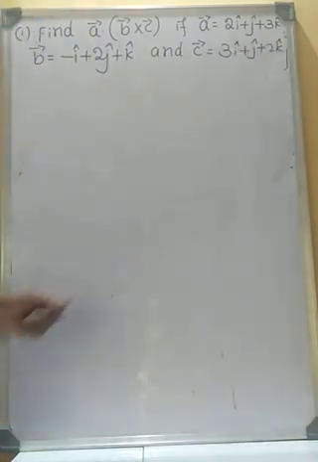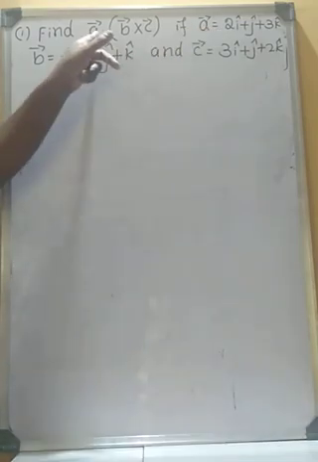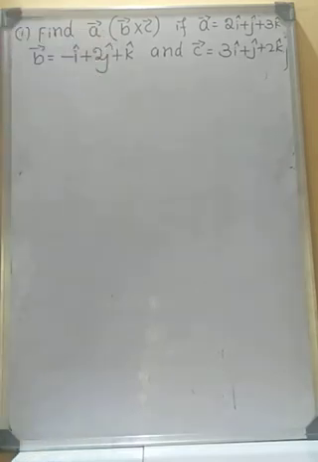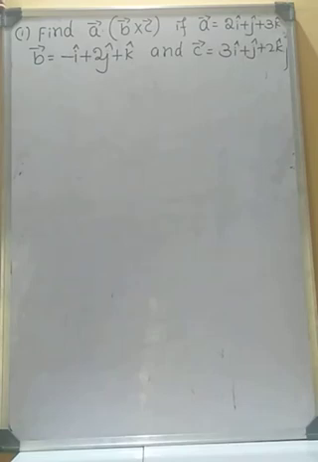So using these three vectors A, B and C, find A dot B cross C, that means the scalar triple product.